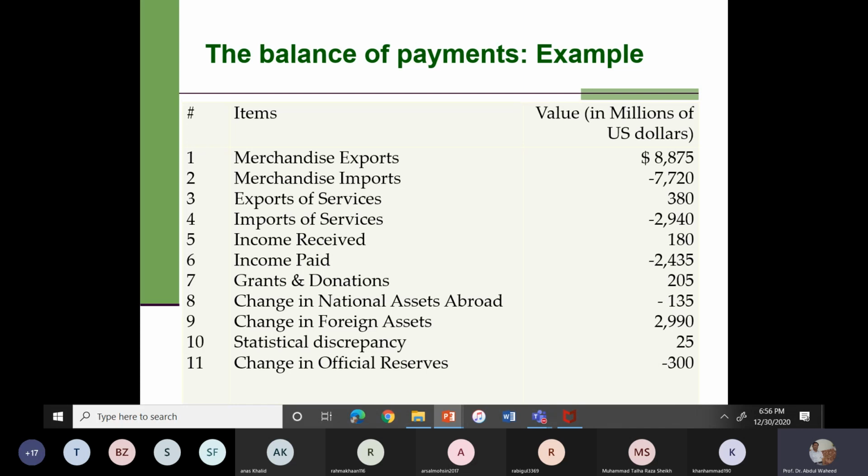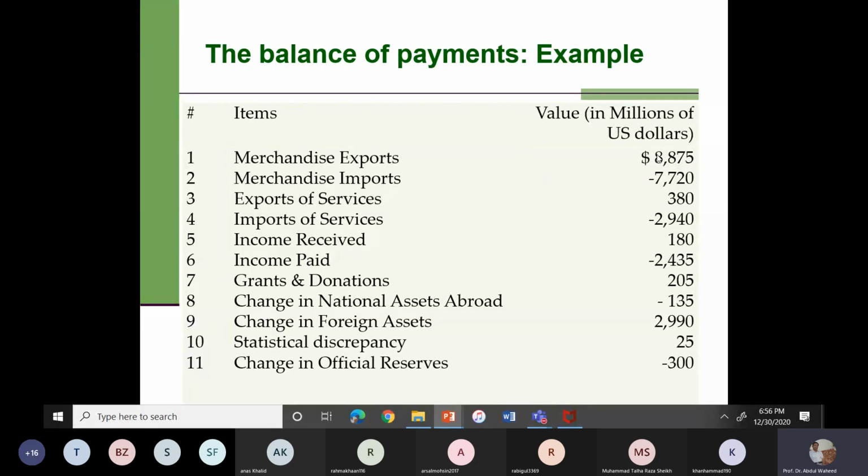This is the example. A very aggregated and very simple example of balance of payment. In reality, balance of payment is very complicated, but here, just to learn some major accounts, you can see that we have merchandise exports, $8,875.